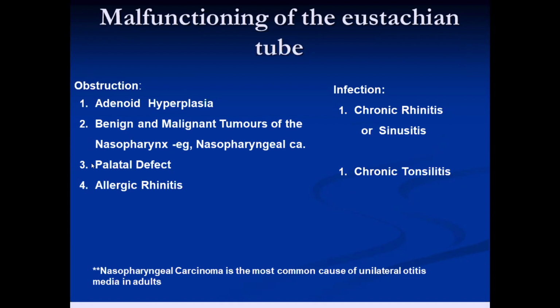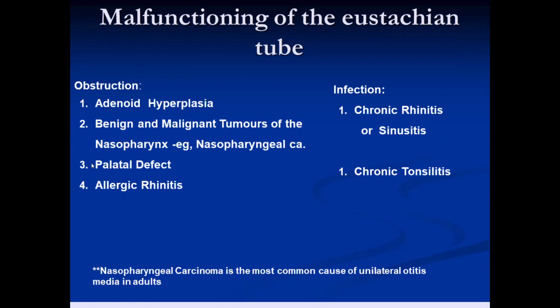The posterior wall fully is where the adenoidal tissues are. If that adenoidal tissue proliferates, it can conceivably impinge on the opening of the eustachian tube, resulting in obstruction.